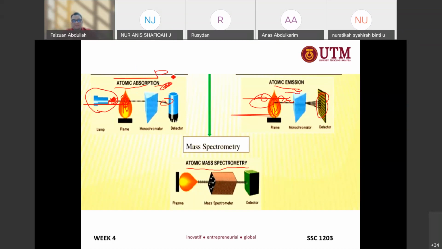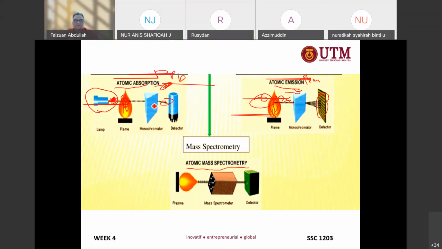This one is ppb, larger. So which one is more sensitive between AAS and AES? AAS, because we have the lower detection limit. Good.